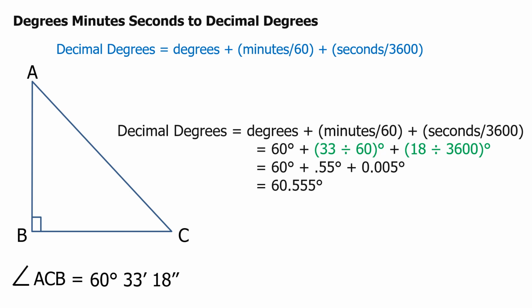This is a simple formula. The degrees stay the same. We divide the minutes by 60 and the seconds by 3,600 and we add them up. So 60 degrees, 33 minutes and 18 seconds equals 60.555 degrees decimal.